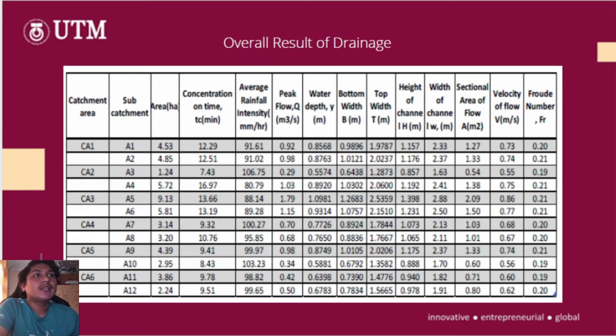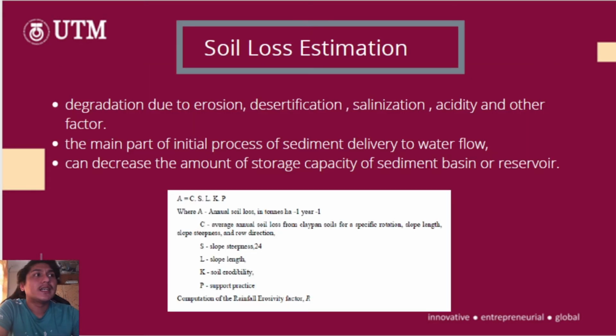So this is the overall result of drainage. Lastly, at the end of the result, we have to calculate the Froude number, whether it is more than 0.8 or not. The soil loss estimation is the degradation due to erosion, desertification, salinization, acidity, and other factors.